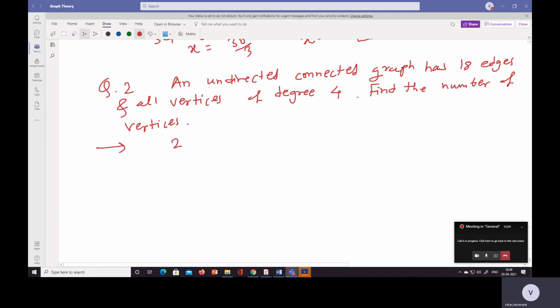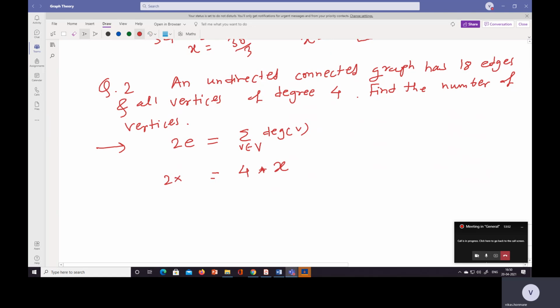So again we use the handshaking theorem. 2e is equal to the summation of all vertices' degrees. For all vertices the degree is 4. So we assume that there are x number of vertices and the total number of edges is 18.